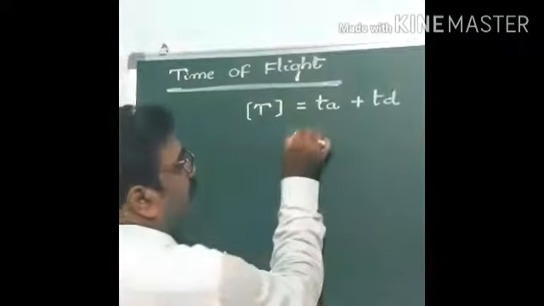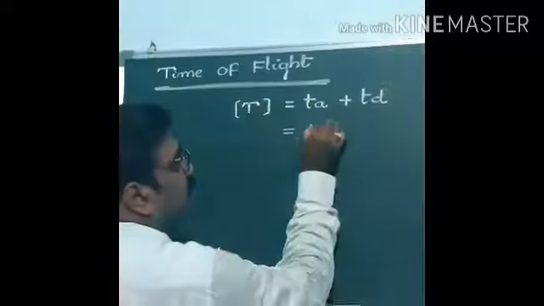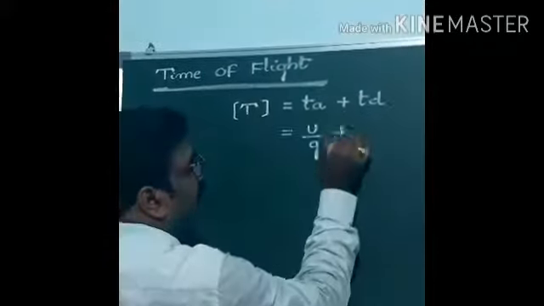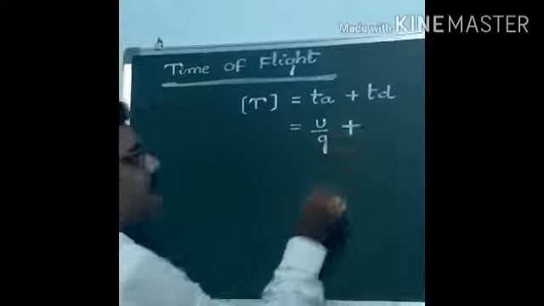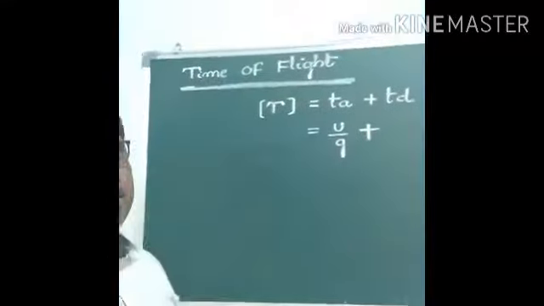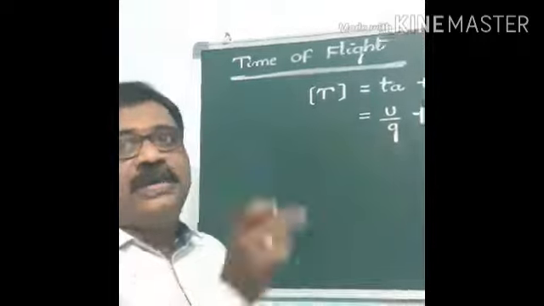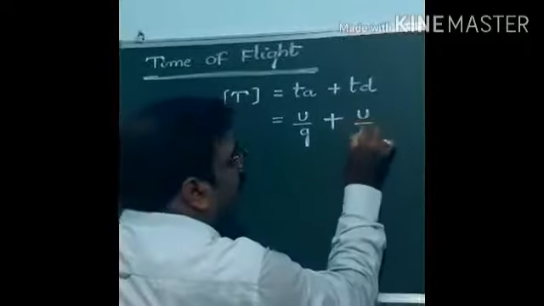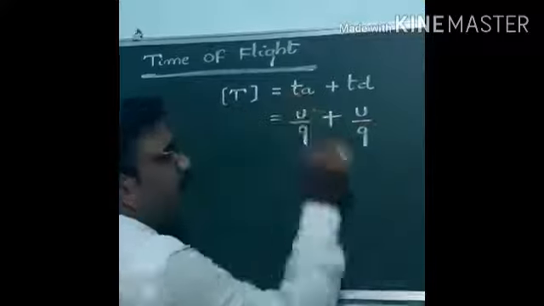Time of ascent is u by g. Time of descent formula is the square root of 2h by g, which I already introduced, but it is also equal to u by g in magnitude.